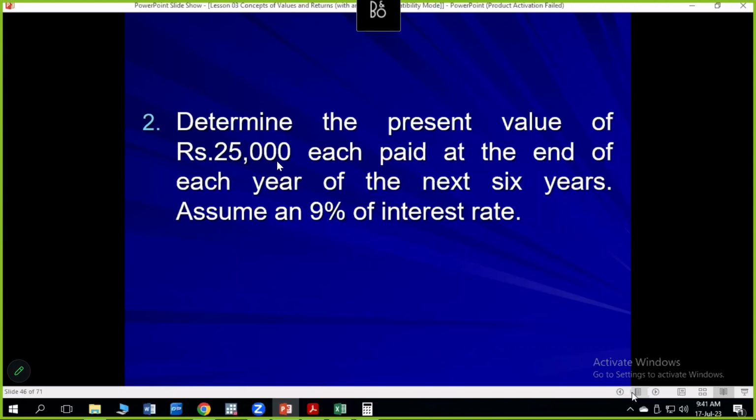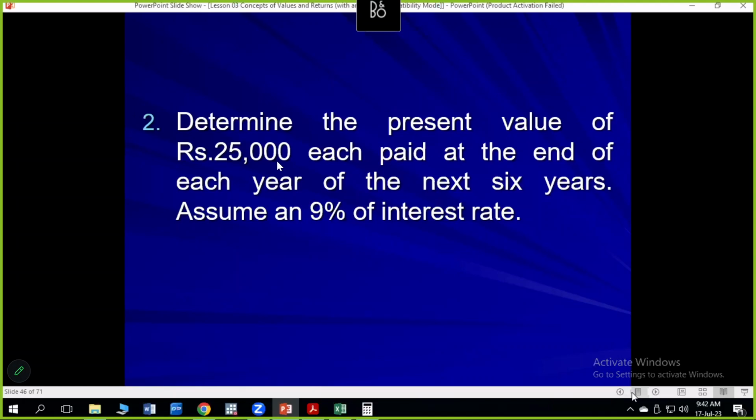The discount rate is 9%. You are required to calculate the present value of the annuity. How can I deal with this question?